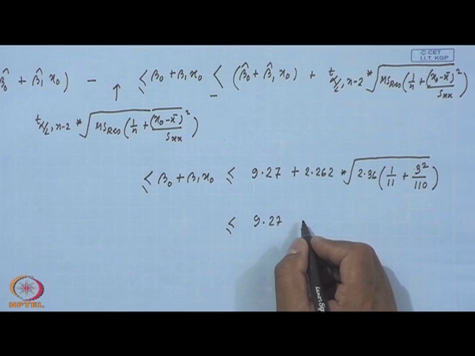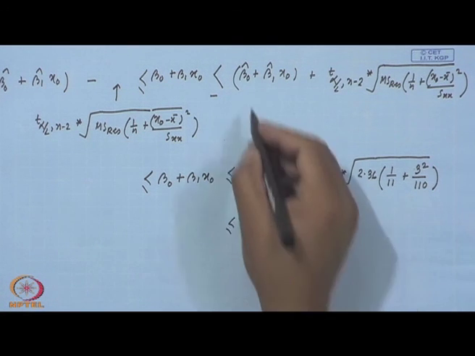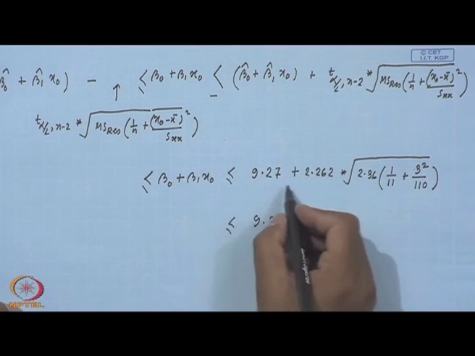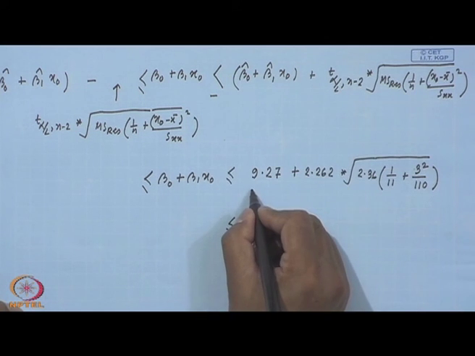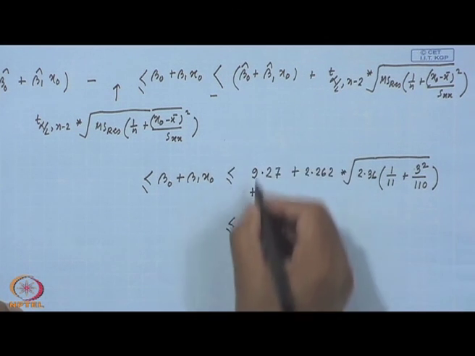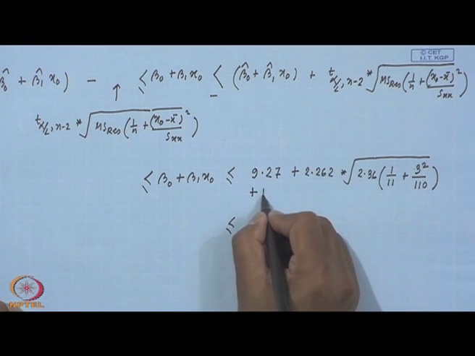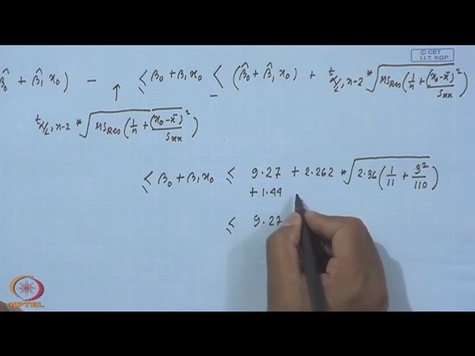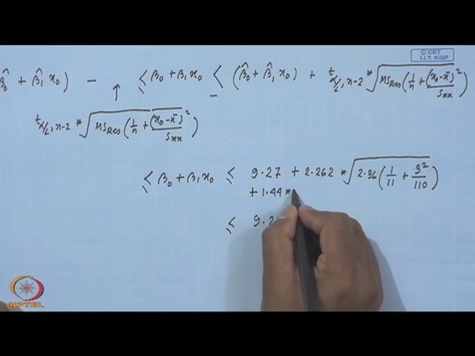plus, okay, I think I said something wrong, 9.27 is beta naught only. So, plus beta 1 into x naught, that is beta 1 is 1.44 into x naught, that is 3.